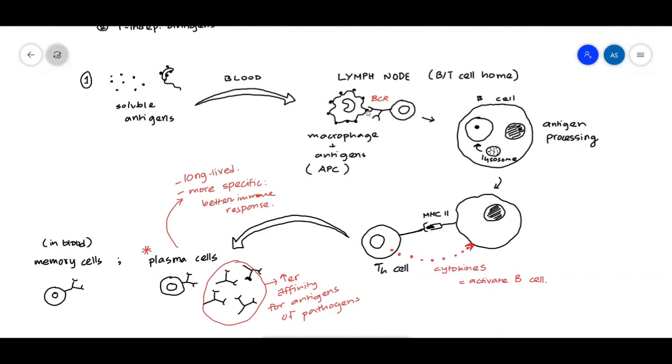These soluble antigens are going to bind to macrophages and be expressed on their cell membrane. And then they are going to be binding with B cells that have specific B cell receptors for that particular antigen. That antigen is then going to be engulfed by the B cell, which can then process that antigen to express it on its cell membrane so that a T helper cell can come and bind to it and eventually produce plasma cells and memory cells.